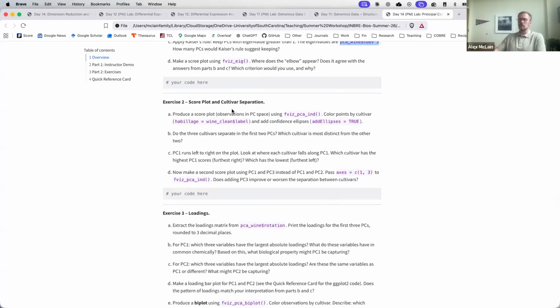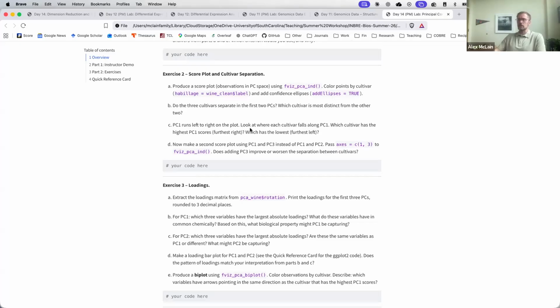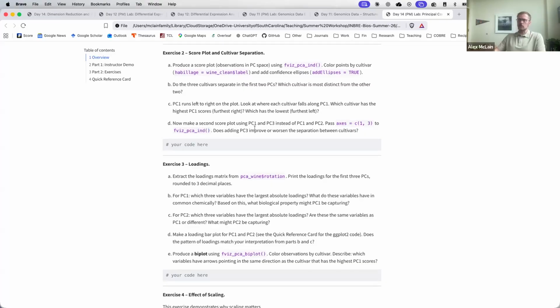Exercise 2, here we're going to produce a score plot of the PCs like we did in the morning. Do the 3 cultivators separate in these first 2 PCs? Yes or no? PCA runs right to left. Look at where each cultivator falls along PC1. Does it seem like some cultivators are higher on PC1 versus others? You can make a second score plot using PC1 and PC3 instead of PC1 and 2.